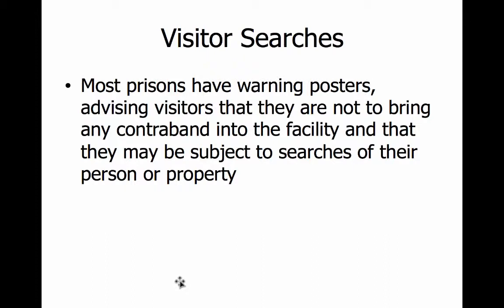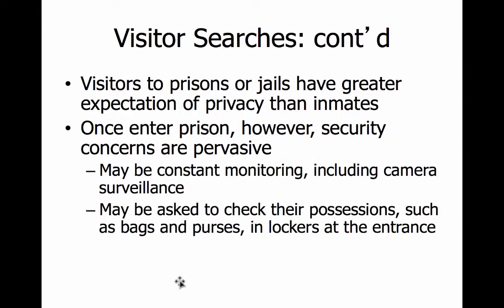The book also talks about visitor searches. Most prisons have warning posters advising visitors not to bring contraband into the facility, and that they may be subject to search of their person or property. Visitors usually have a greater degree of privacy expectation than inmates.